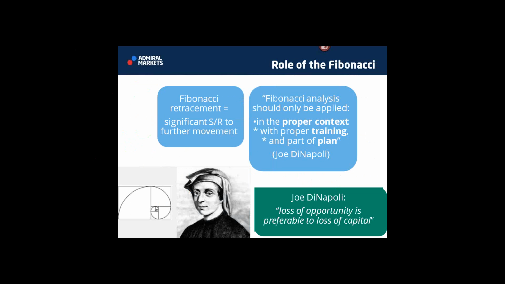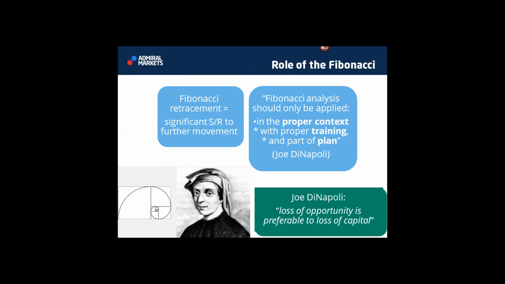And in his book, he mentioned that Fibonacci analysis should be applied in proper context with proper trading and as part of a plan. So, how I interpret it is that you just don't start fibbing and only using fibs. You have to have a proper context with that.